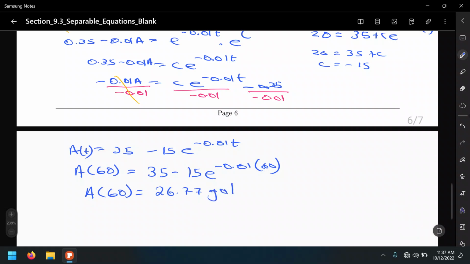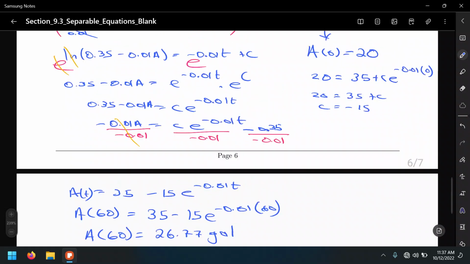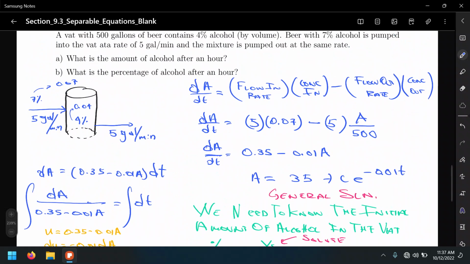All right? So that's the amount of alcohol inside of the vat, mixing the two beers together. So we get 26.77. So it's actually getting more concentrated than it was. And that should make sense. Why? Because check what we had inside of the vat. It was 4% alcohol. What's coming in? A beer that is higher in degrees of alcohol.